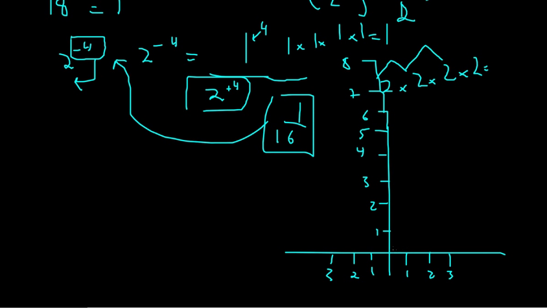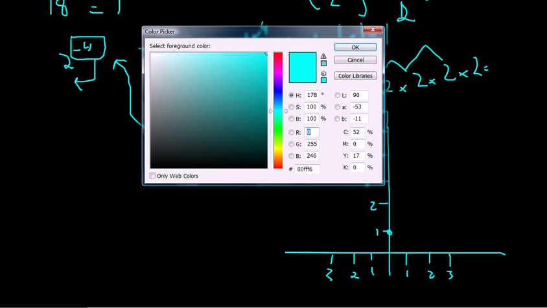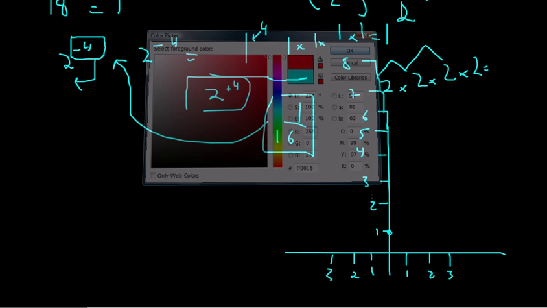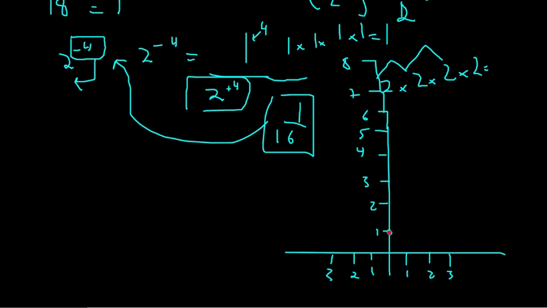So what's 2 to the 0? Well, 2 to the 0 is 1, because we discussed it. Let's do it in another color. What's 2 to the negative 1? That's basically 1 over 2, so it's a half.